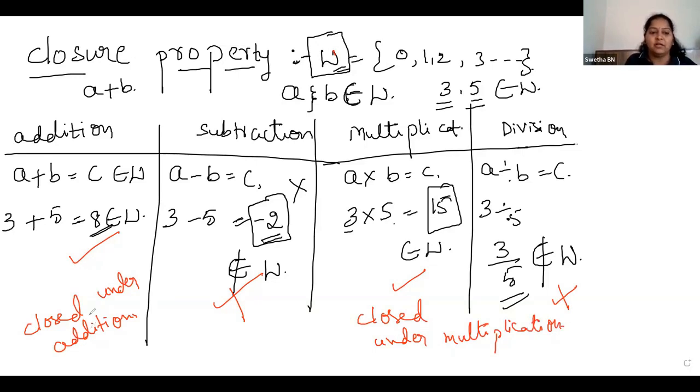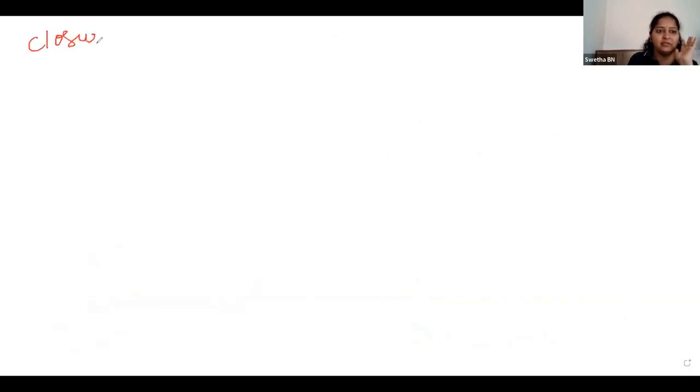See here, addition ಅಲ್ಲಿ ಬಂದಿದೆ ಹಾಗೂ multiplication ಅಲ್ಲಿ ಬಂದಿದೆ. So ಏನ್ ಹೇಳ್ಬೇಕು? Closure property closed under addition and multiplication for whole numbers ಅಂತ ಬರೀತೀರಾ. That's it. Okay.